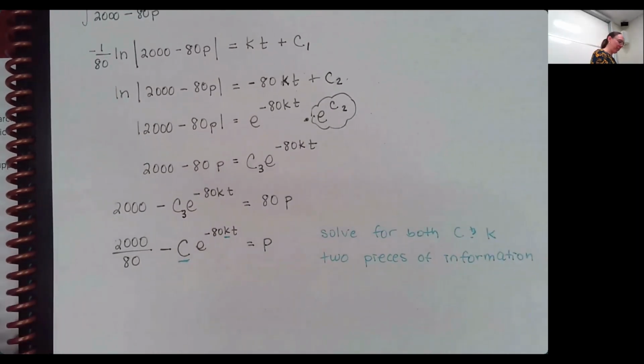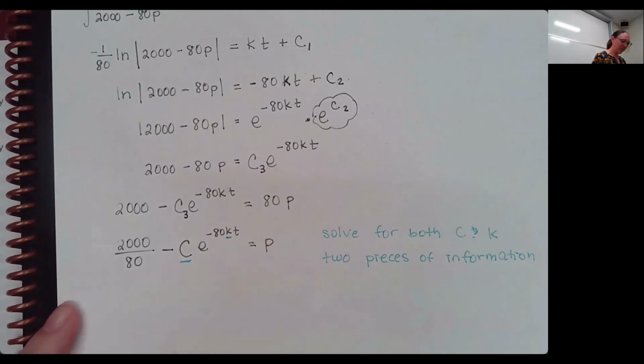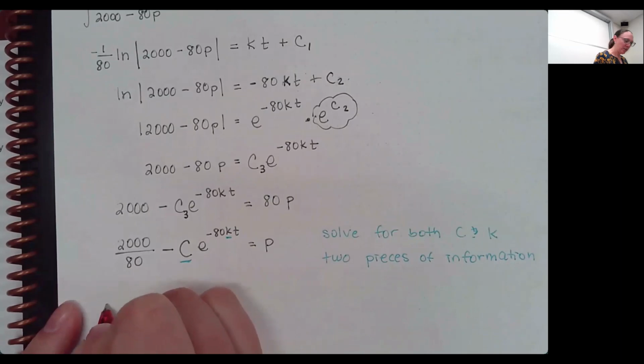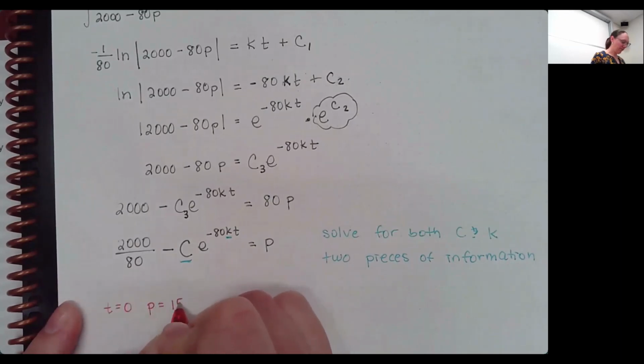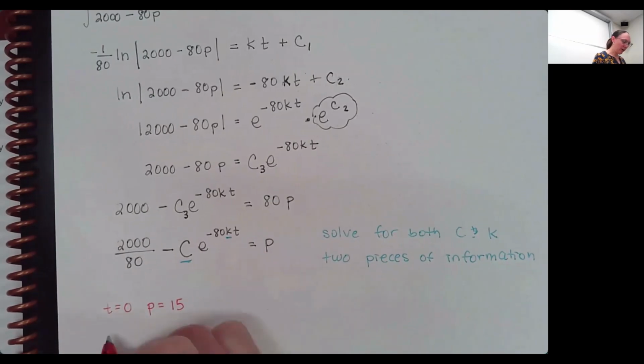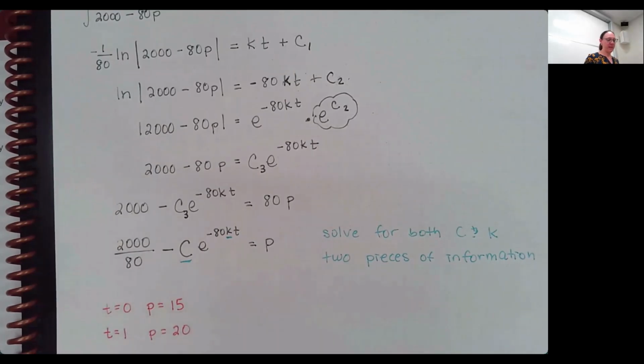I need more information than that to find the specific solution. And luckily I have given us two pieces of information in part B because I have told us that the initial price is $15. So when t is equal to 0, our price is $15. And after 1 month, our price is $20.